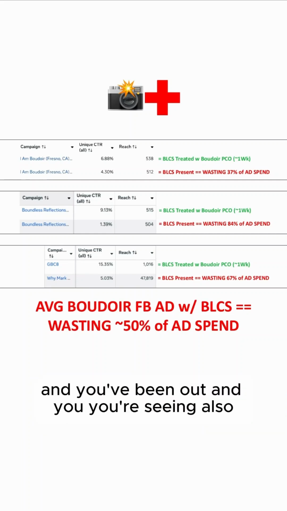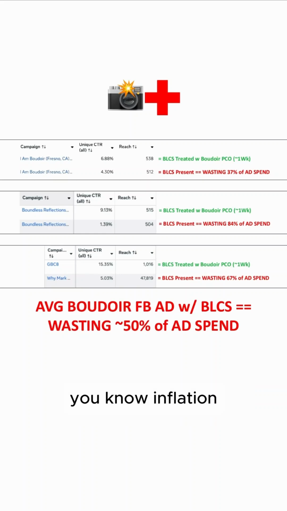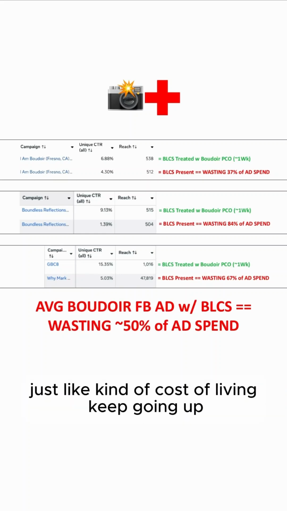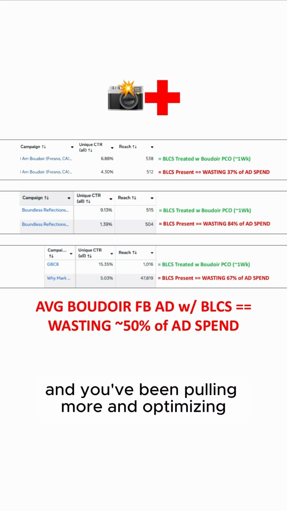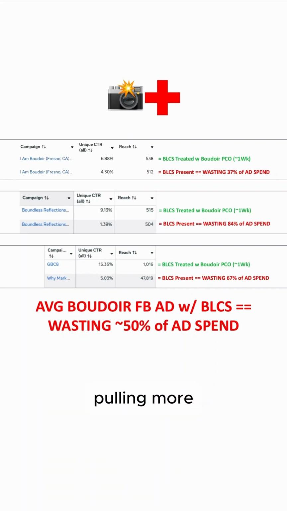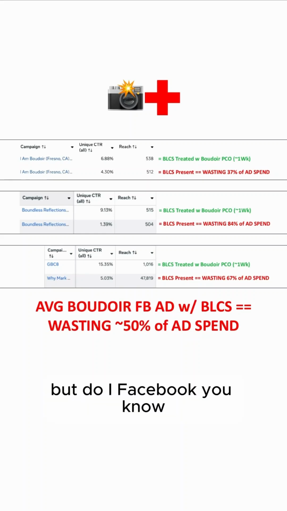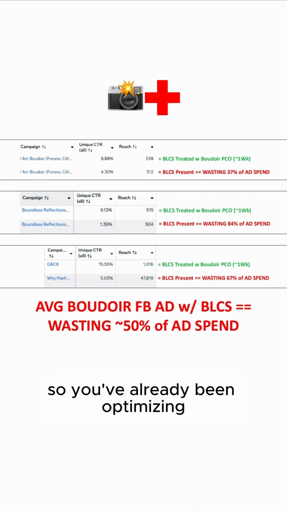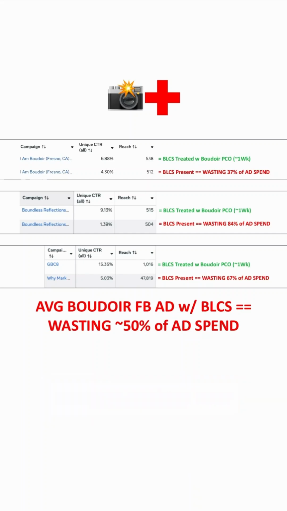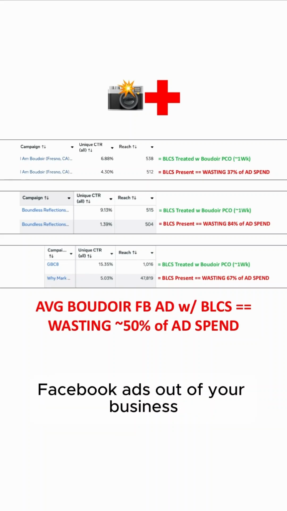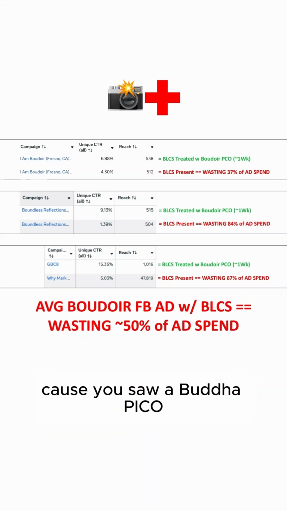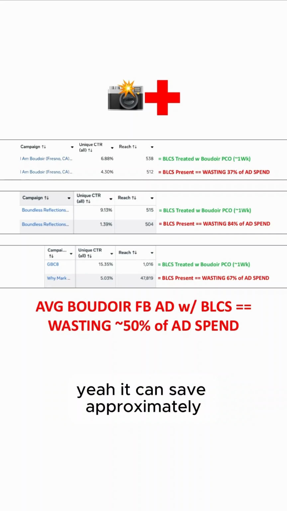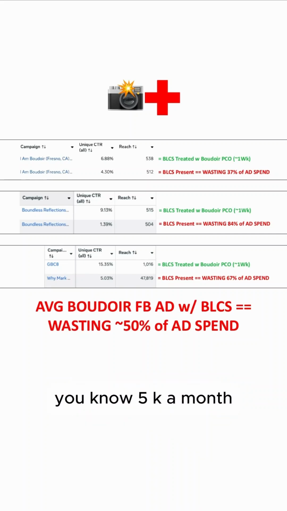And you're also seeing inflation, the cost of living going up, going up, going up. And you've been optimizing, pulling more profit out of your business in other areas already. And you've decided now you're finally ready to optimize the Boudoir Facebook ad side of your business because you saw that with Boudoir Pico, it can save approximately 5K a month.